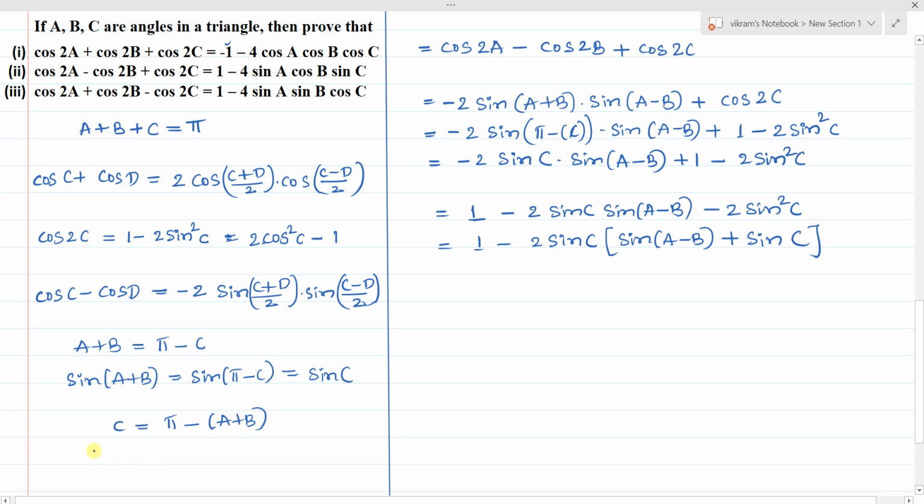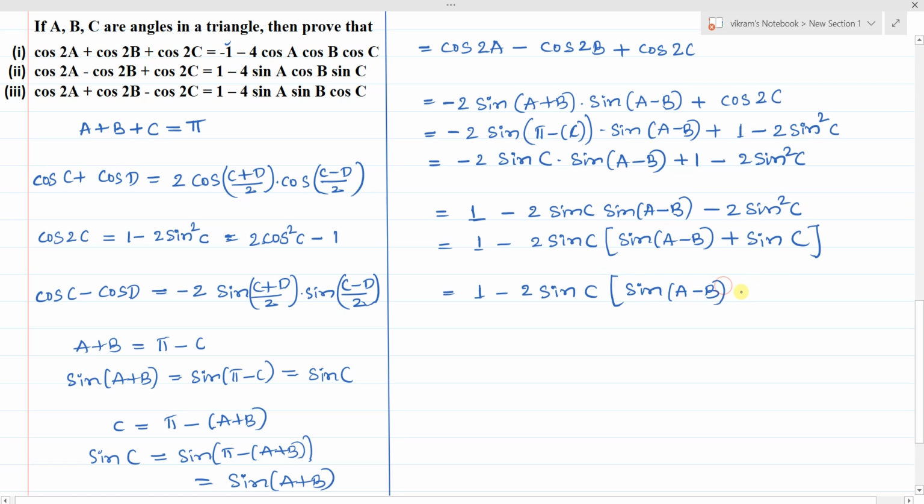Then sine c is equal to sine of pi minus of a plus b, which is nothing but sine of 180 minus theta is equal to sine theta only. Then we can write this as sine of a plus b, and now I am replacing minus 2 sine c into sine of a minus b.